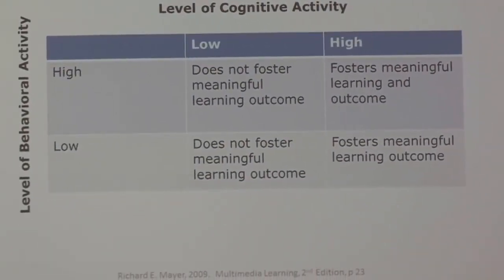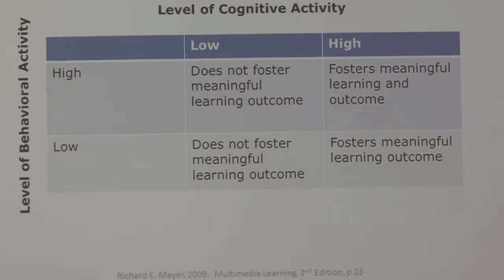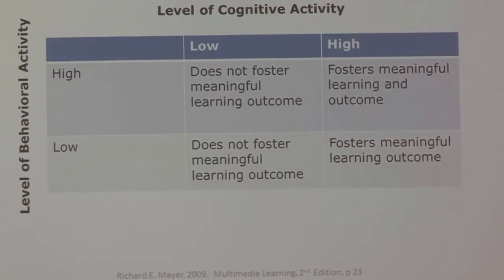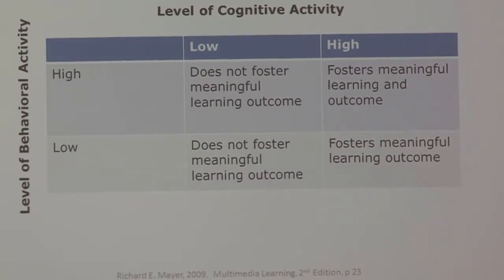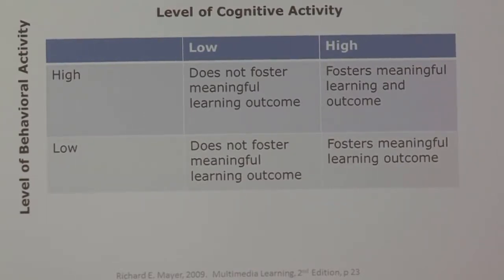Richard Mayer is a gentleman who studies and writes extensively on multimedia and how people learn with multimedia. Basically he says that it's not really the activity of getting up and moving around, but it's the cognitive activity that actually helps us learn.